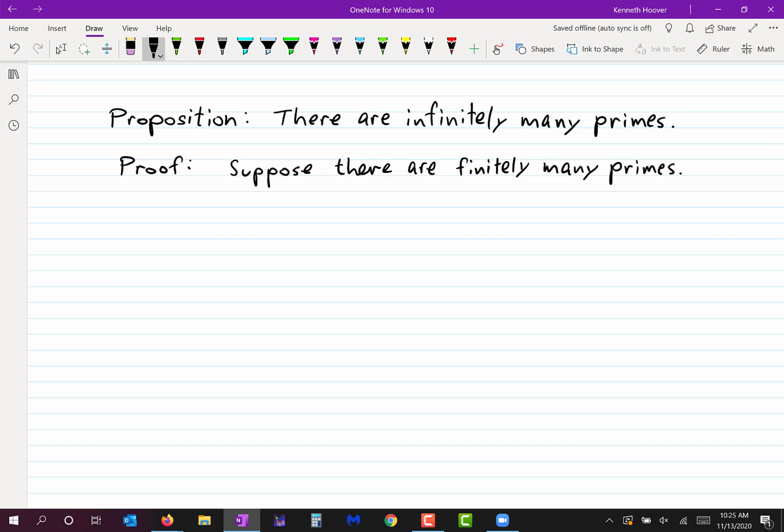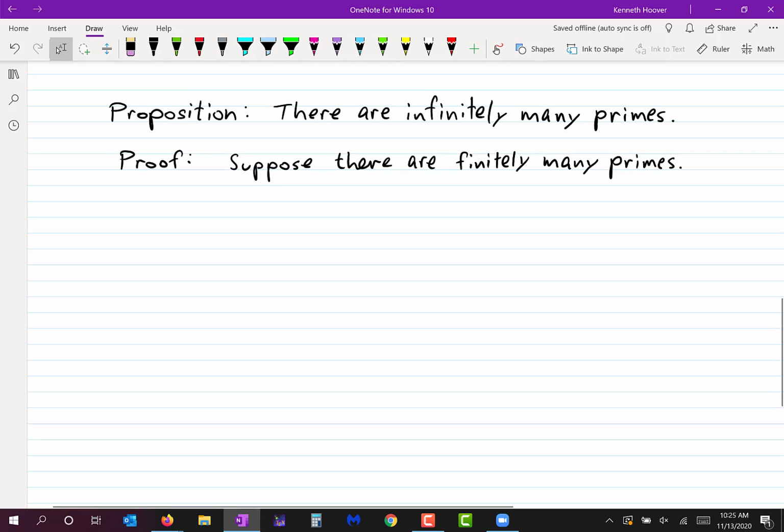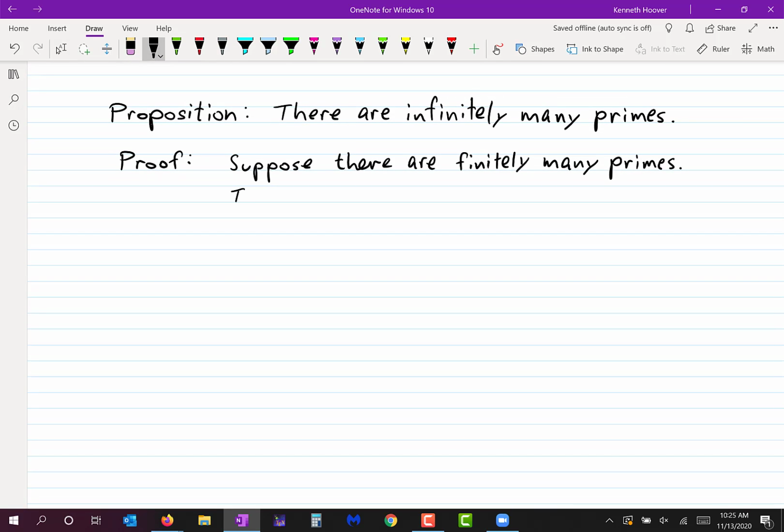Well, if there's finitely many, then we could list them. So then we can list all primes as prime 1, prime 2, and so on and so on.